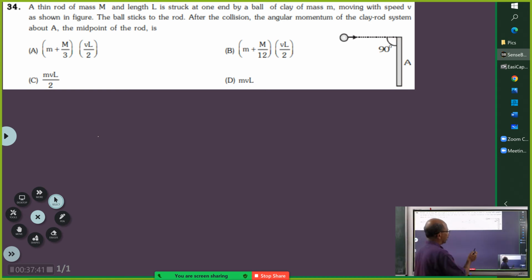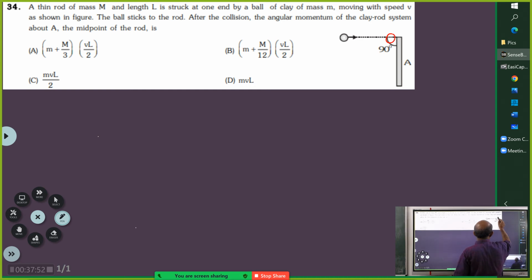When this ball is just about to hit this, what is the angle with respect to this middle point? With respect to this middle point, this distance is L by 2, correct?